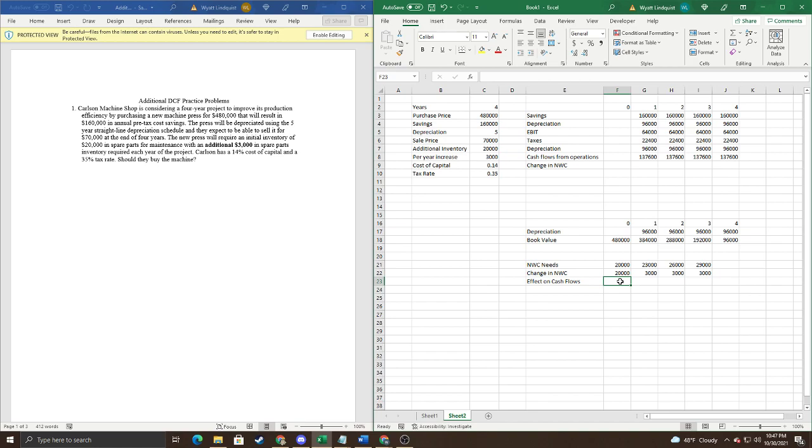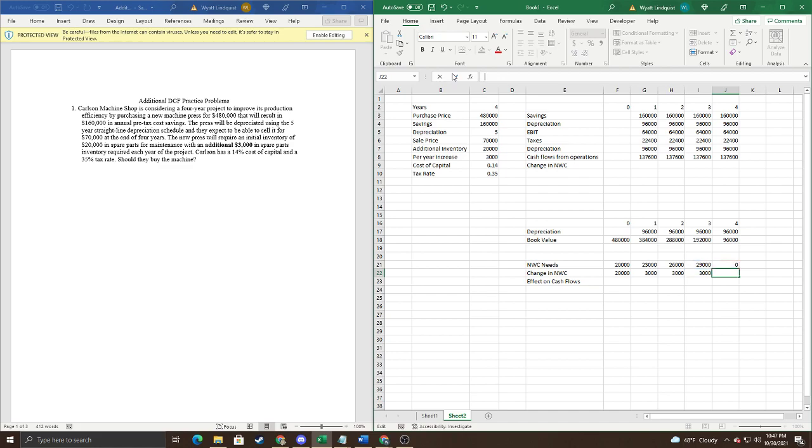We could technically create a formula to do it, but I find it easier like this. And then our net working capital needs in the last one is going to be $0. So it's just going to be equals this minus that. Now, it's pretty obvious that you just have this.